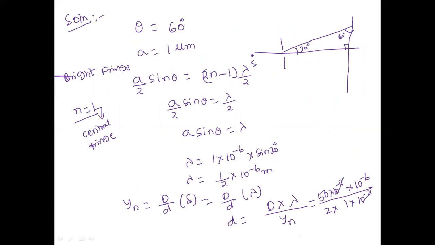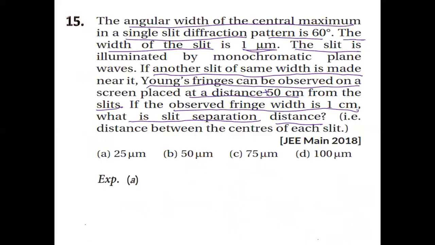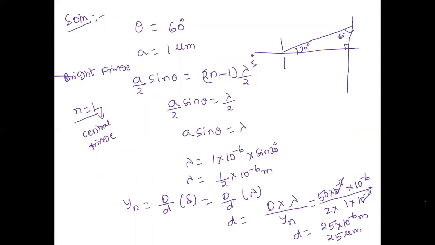Yes, sir. So d equals 25 into 10 power minus 6 meter, that is nothing but 25 micrometer. That is option A. Right.